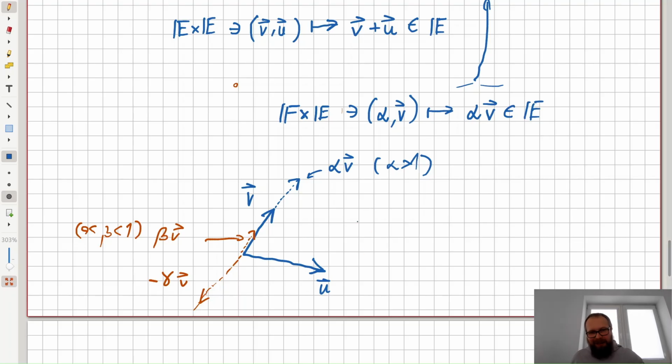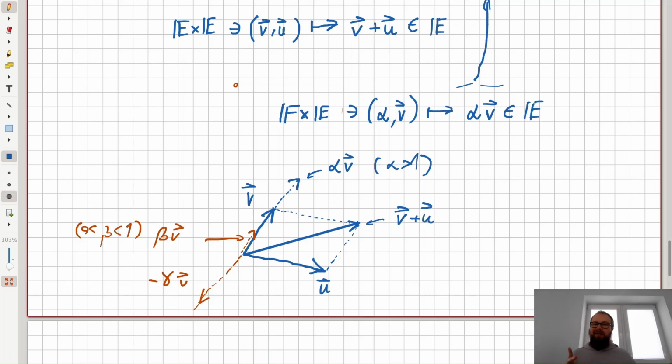So the rule is you try to draw a parallel thing to U and a parallel thing to V, and you just do that. I have a tool. Okay, that's V plus U.